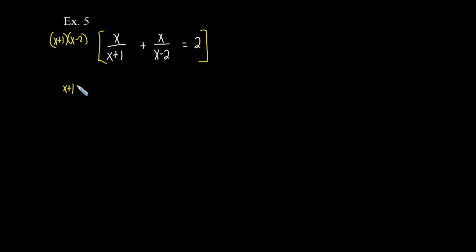So I'm going to write out x plus 1 times x minus 2 times x over x plus 1, and then x plus 1 times x minus 2 times x over x minus 2. It's equal to x plus 1 times x minus 2.